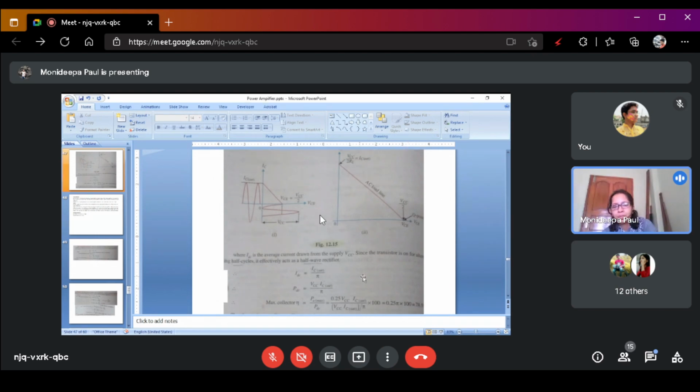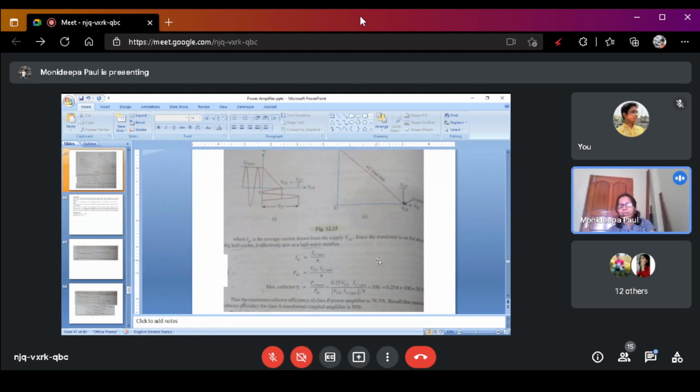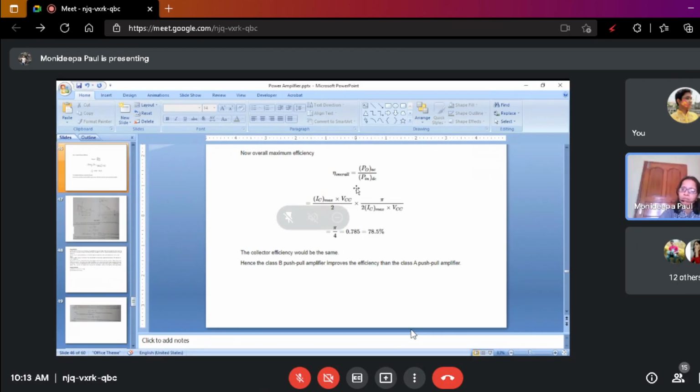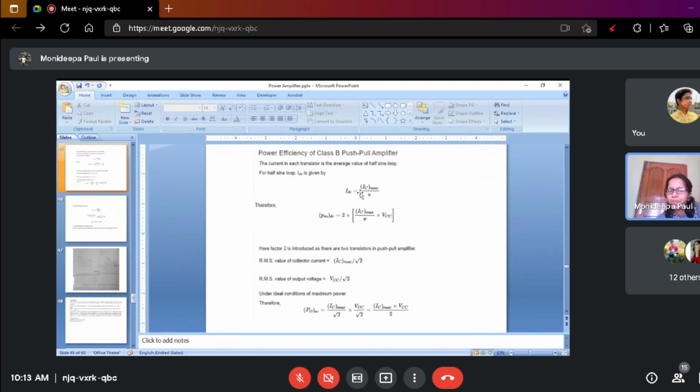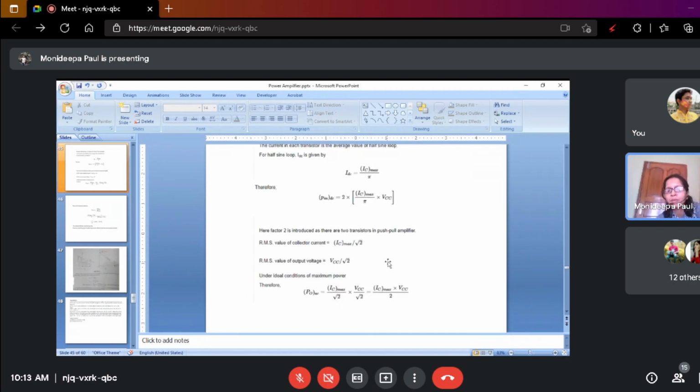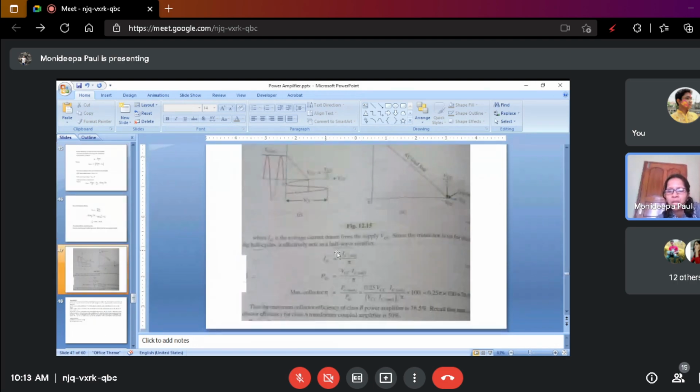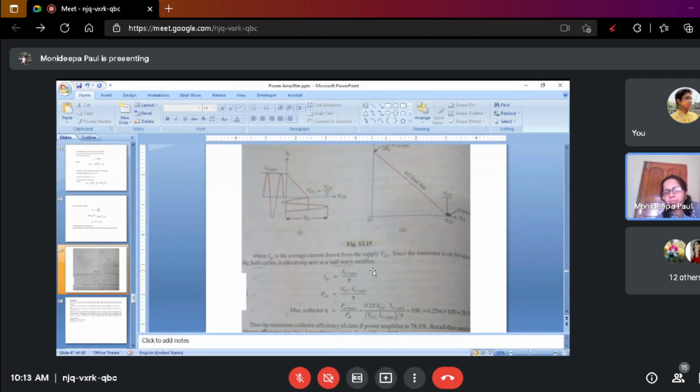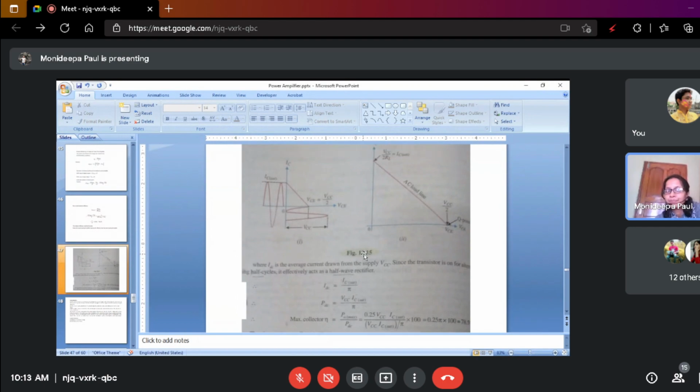Here you see this is the average value. This is the efficiency. You can use this formula or you can use this formula. Both are the same thing. Either use this type of derivation, or here a full derivation is not given, so if you are interested, you can go through this derivation also.